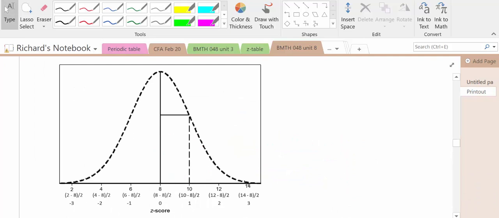By calculating a Z-score, we transform the horizontal scale of our distribution to a Z-score, so we can compare one distribution to the next.